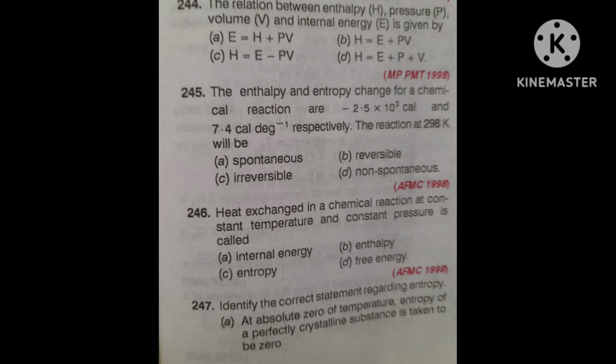Third, absolute entropy of a substance cannot be determined. Fourth, at 0 degree centigrade, the entropy of a perfectly crystalline substance is taken to be zero. This question was asked in BHU and you can solve it within 5 seconds. Just think. After that I will tell the correct answer and its explanation.